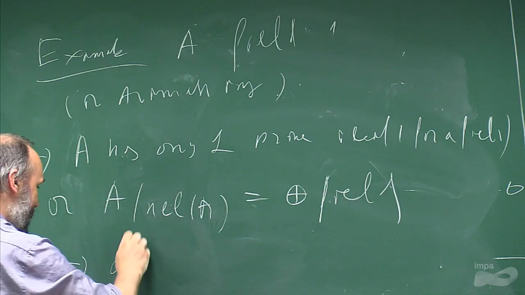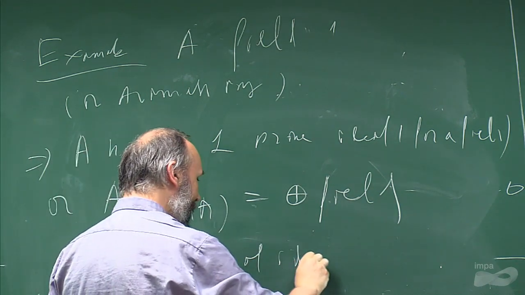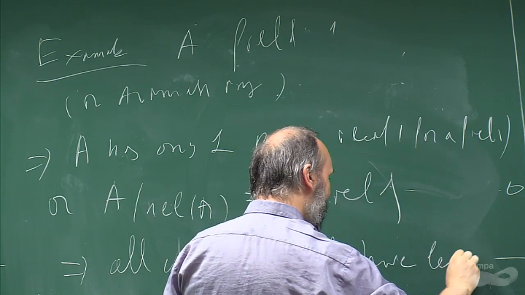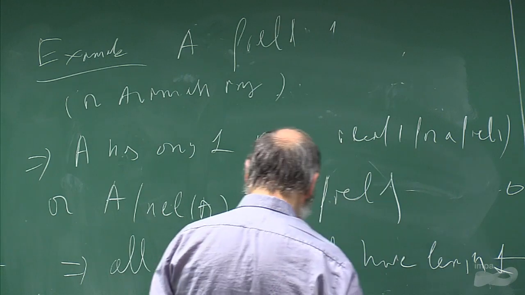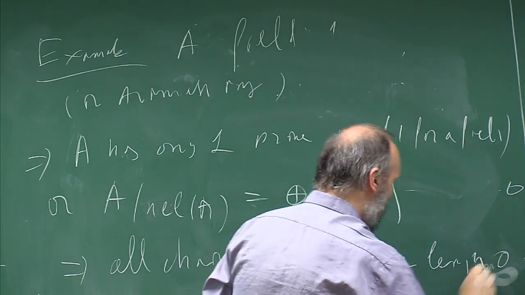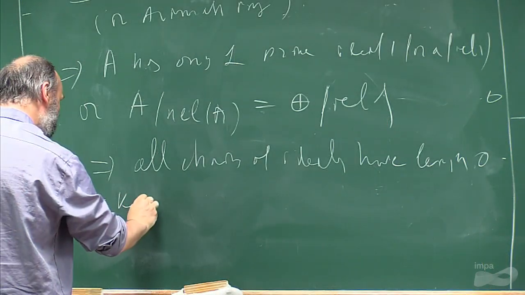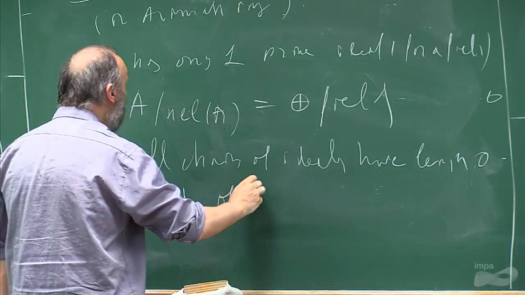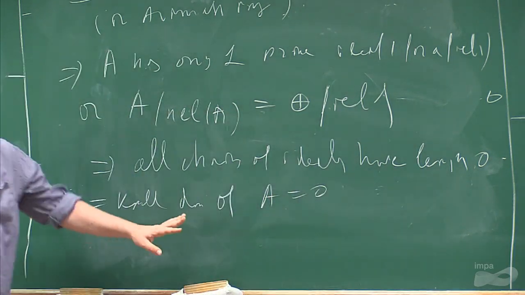So all chains of ideals have length 0. This is just one ideal. So then the Krull dimension of A is 0. Clear?